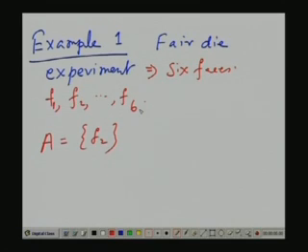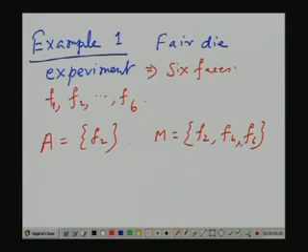Then the probability of event A is nothing but 1 by 6. But suppose I consider another event M, which stands for even faces, that is faces which are marked as F2 or F4 or F6.